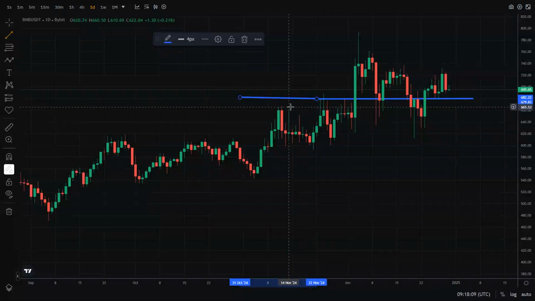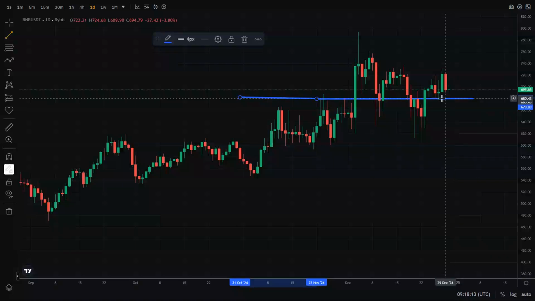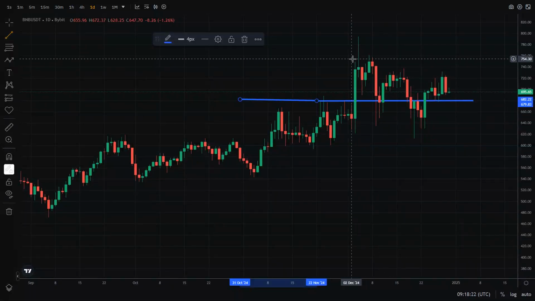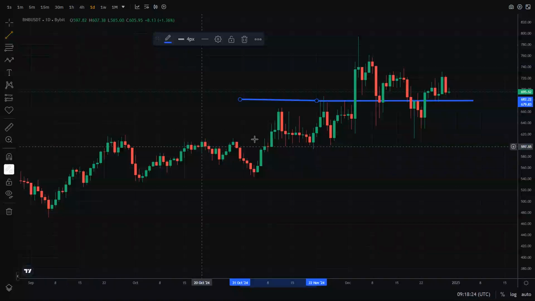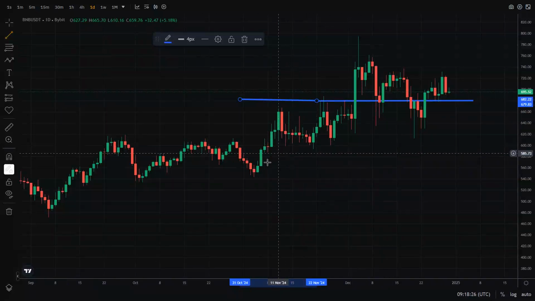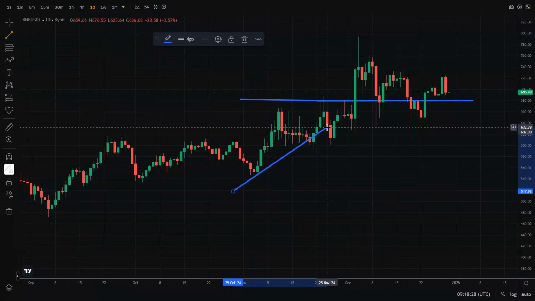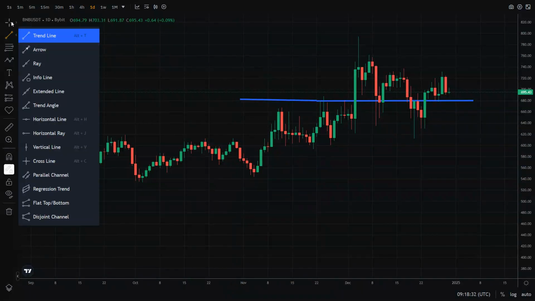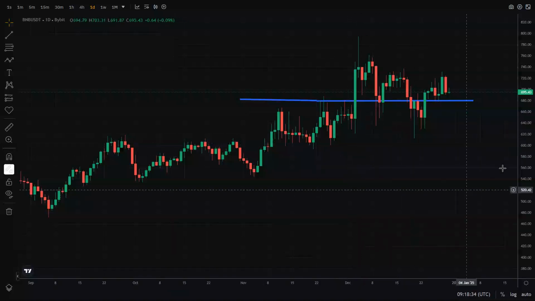So you can see multiple reactions: 1, 2, 3, 4, 5, and 6. So this is a perfect support area, and we can see that this is a perfect resistant area, but we won't be using that level right now.